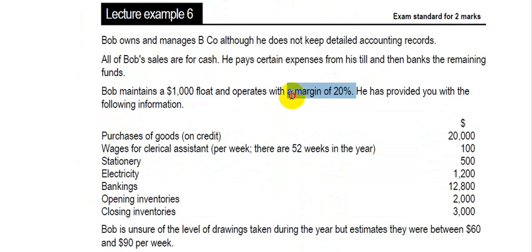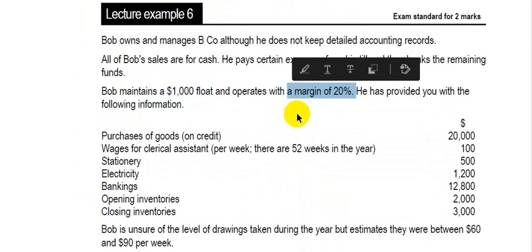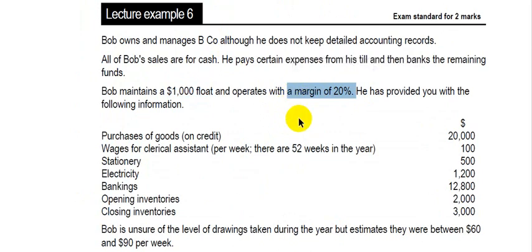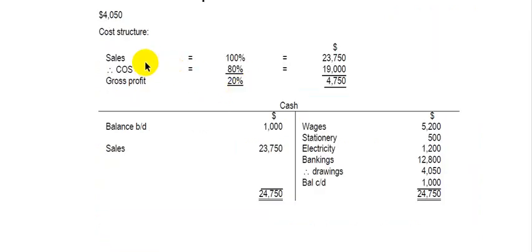We said when you're using margin, your sales are 100%. Then you subtract the margin, in this case 20%, from the 100 to give us our cost of sales of 80%. So we do our cost structure.